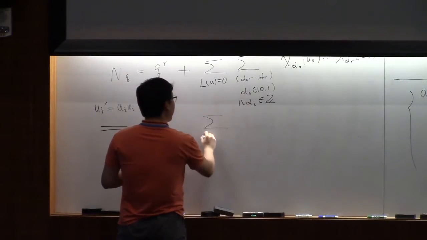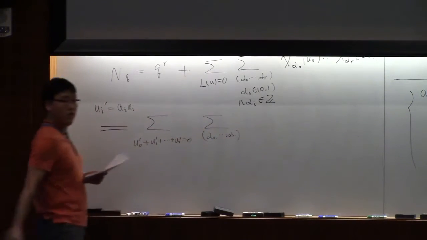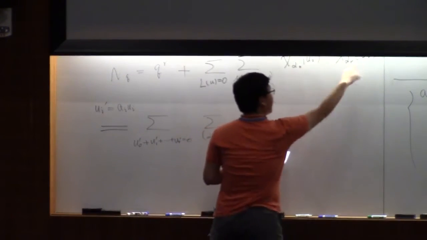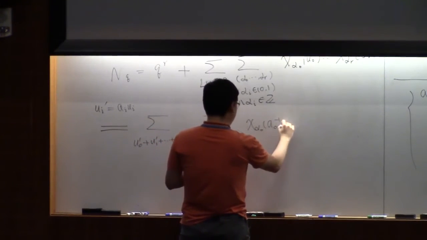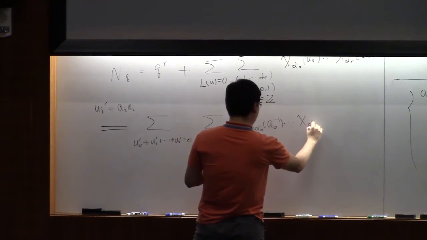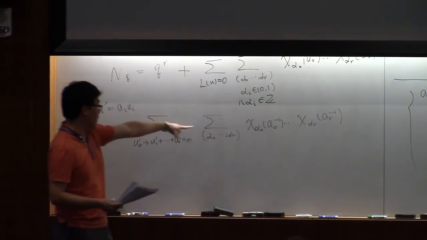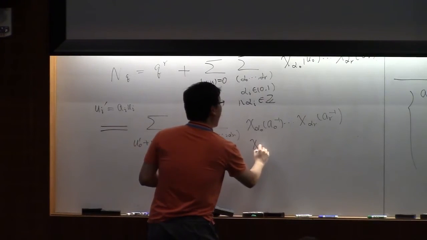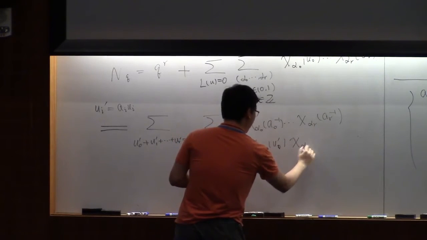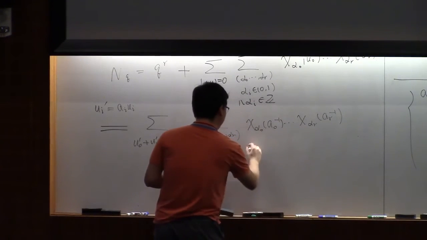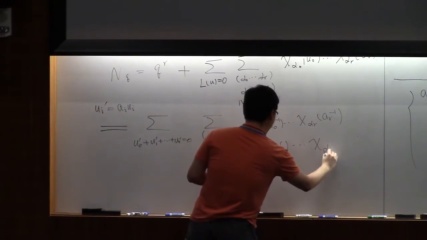And again, here we have the summation for these alphas. And then these characters become a little bit complicated. First, we should have some ai inverse, this, and then we have chi alpha 0 of u0 prime, up to chi alpha r of ur prime.